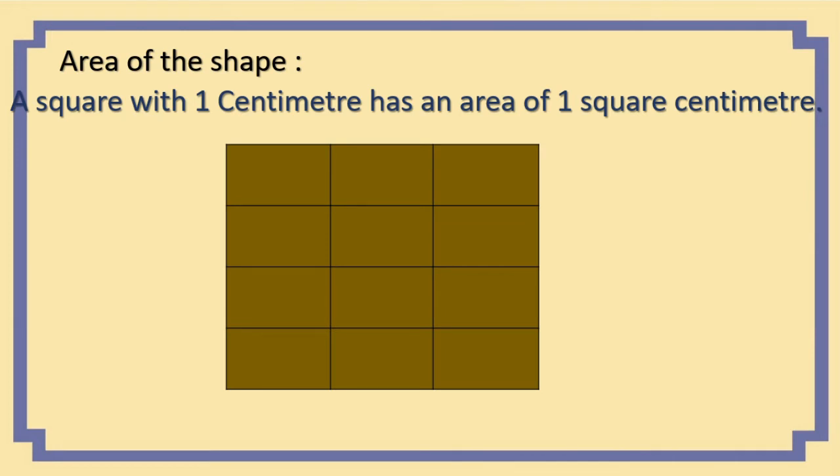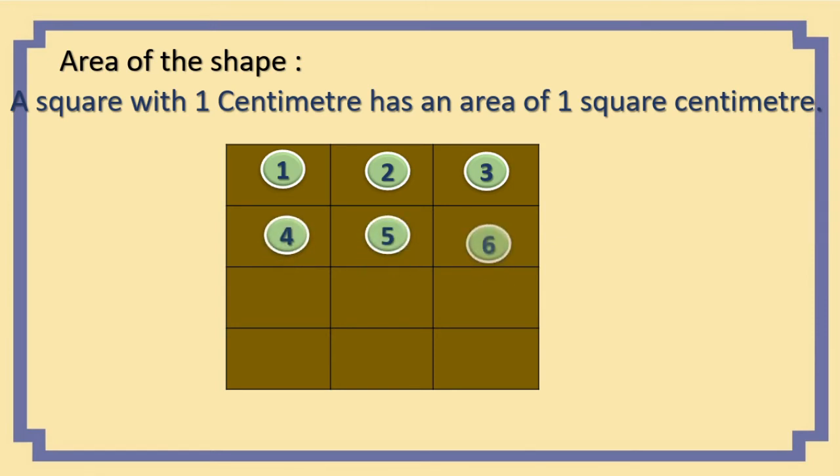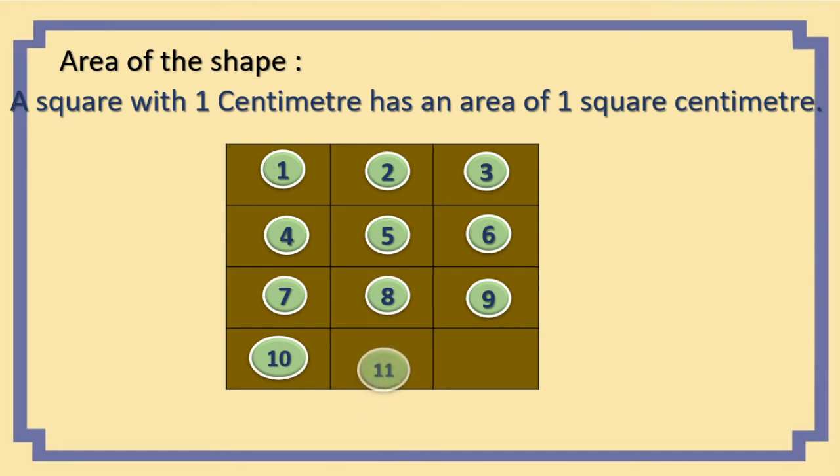First we will count the squares here. This is first square, second, third, fourth, fifth, sixth, seventh, eighth, ninth, 10th, 11th, and this is 12th. There are 12 squares, isn't it?